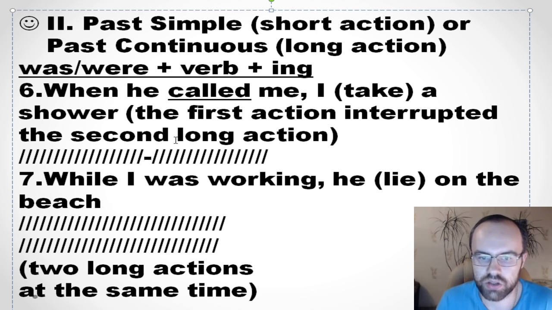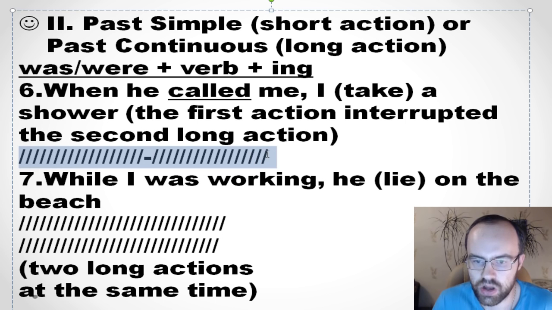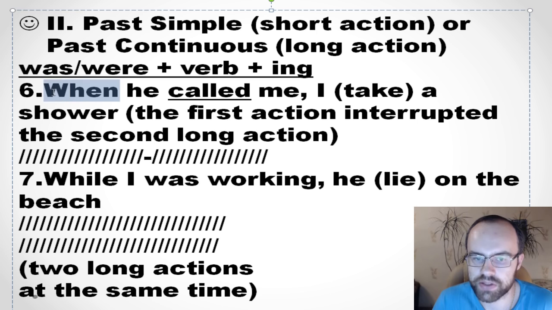And you know that you need to remember these two things. The first thing is that we use past continuous for these situations when there is one long action and one short action, and we use it with sentences with when.